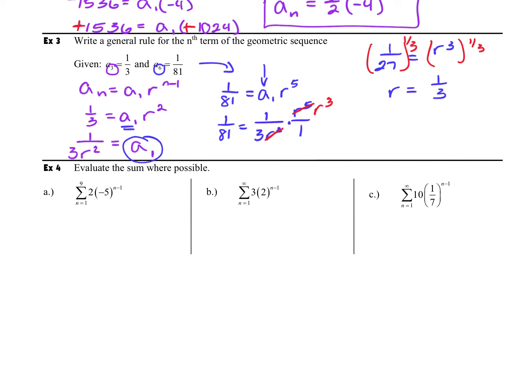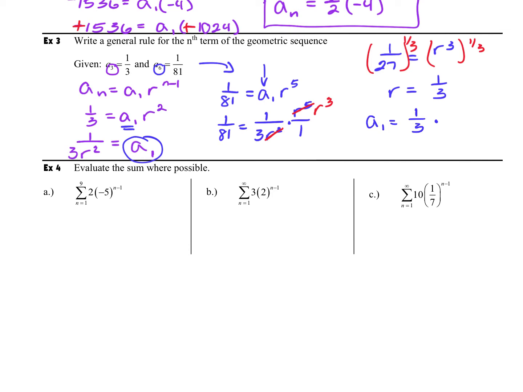So now that I have my r value of 1/3, I can go back to this original little expression back here, and I can say, okay, well, that means that a sub 1 is 1 over 3, and then that's going to get multiplied by that r squared.